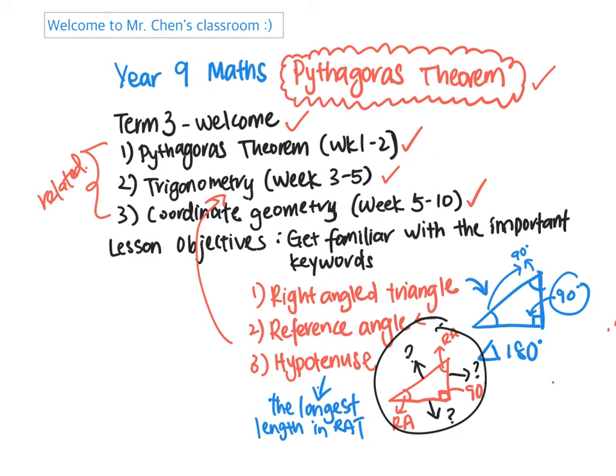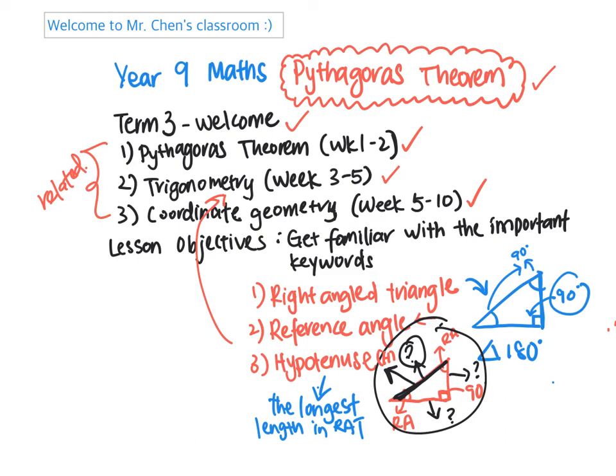Just by the look of it, you can pause the video and continue once you think you have the answer. It's alright to get it wrong, but that is the reason we're here. We're here to learn. The answer is that one. This is your longest side, so that will be the hypotenuse, which can be represented as h. The longest side will always be the hypotenuse.